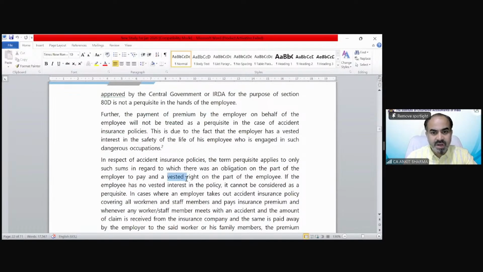Okay, this one I guess you are asking. In respect of accident insurance policy, the perquisite applies only to such sum in regard to which there was an obligation on the part of the employer to pay and a vested right on the part of the employee. So all the other rights, all the benefits, are with the employee, but only the part of the payment, the insurance policy payment amount, is a liability upon the employer. That was the meaning of this line. Vested right means all the rights, the benefits.